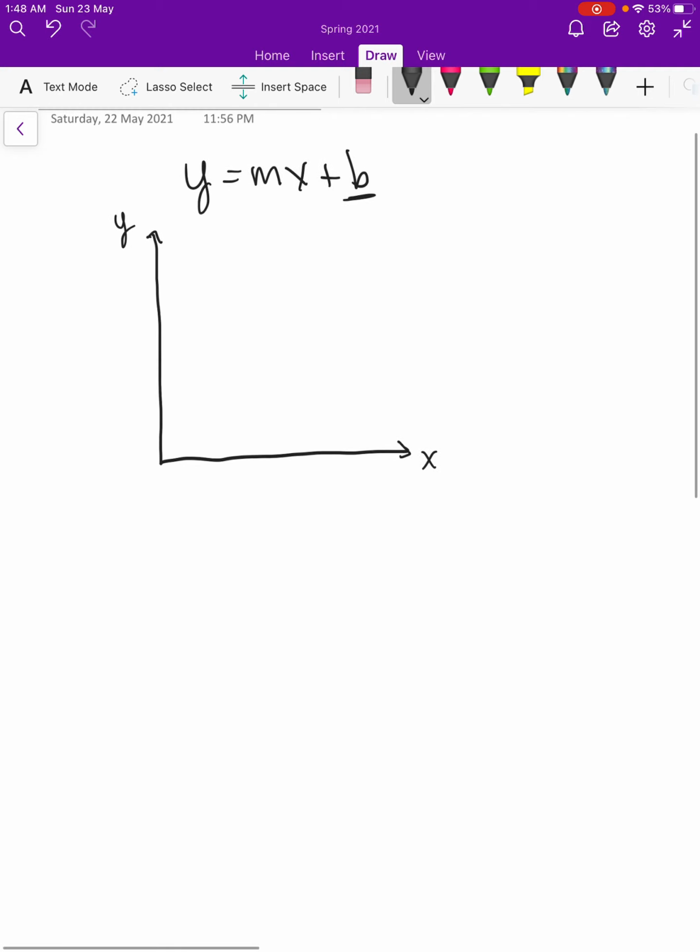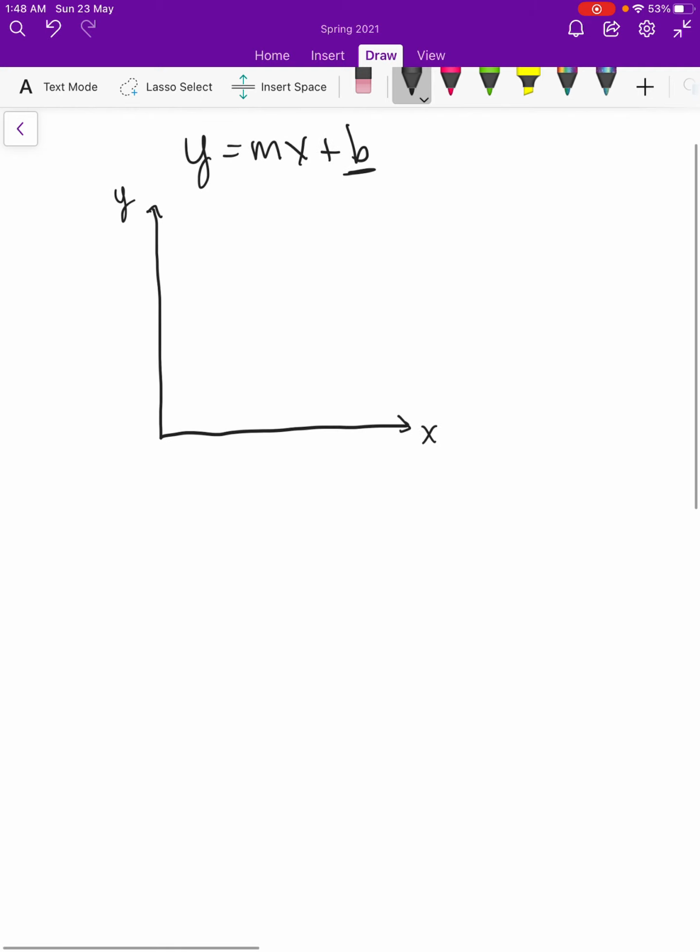There are other ways to do this. Equations such as y minus y1 is equal to m times x minus x1.